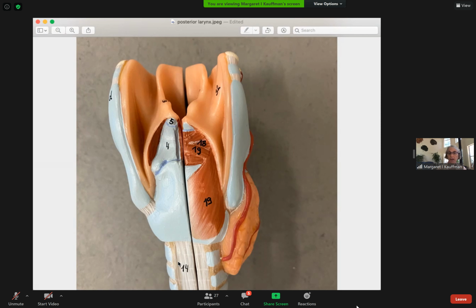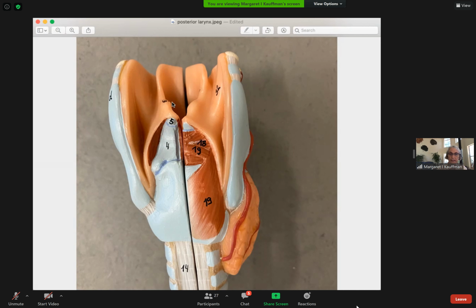And part of that cartilage acts as an anchor for all these muscles, and those muscles help you move your vocal cords, your true vocal cords. So this guy here is the epiglottis. And if you were to swallow, this would bend down and cover the glottis here. The glottis being actually where air is, the opening.